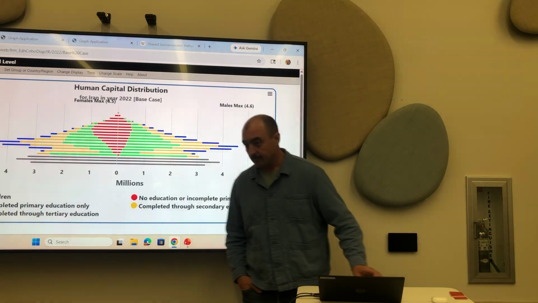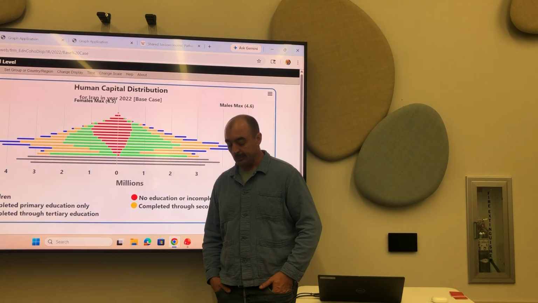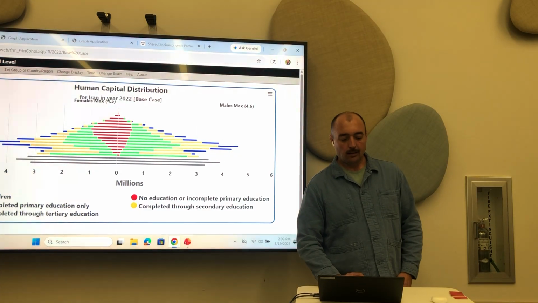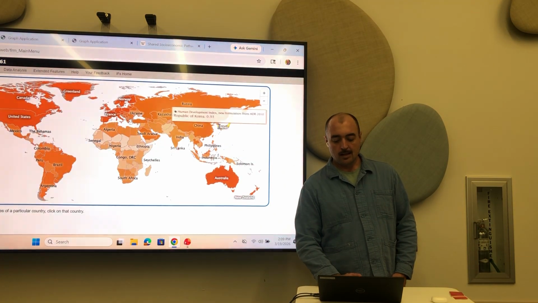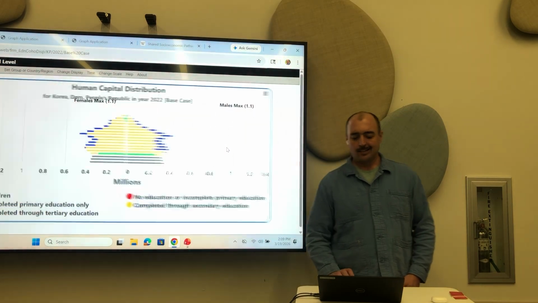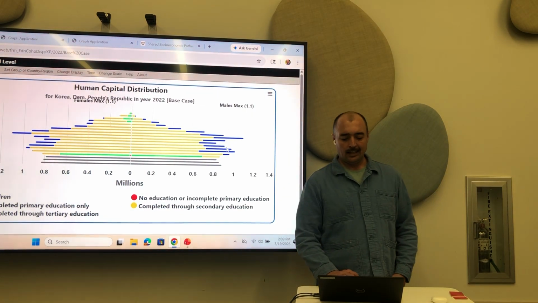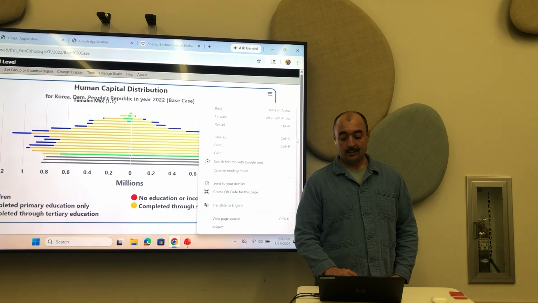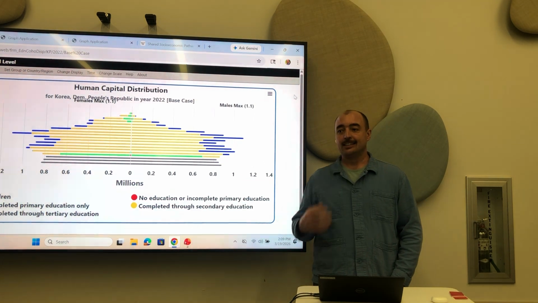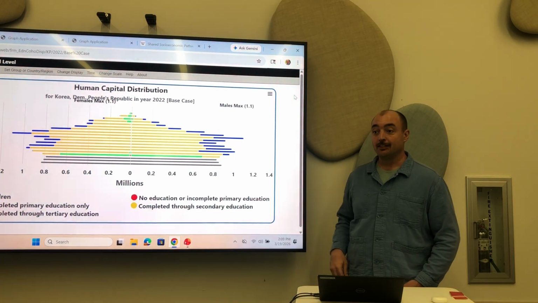How do you control for data quality by country? Or even within country? For example, in the US, data quality by state differs significantly. So how do you control for that? North Korea doesn't look very good for this visualization, right?